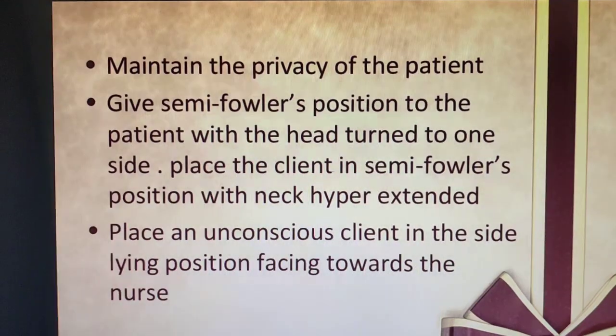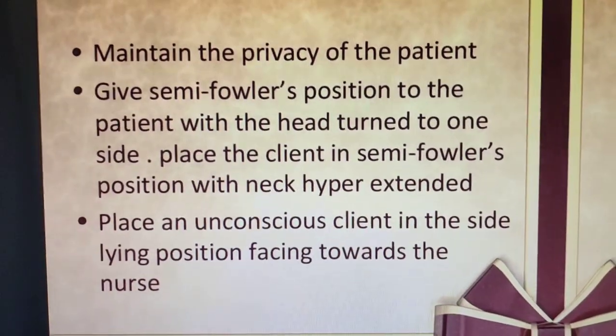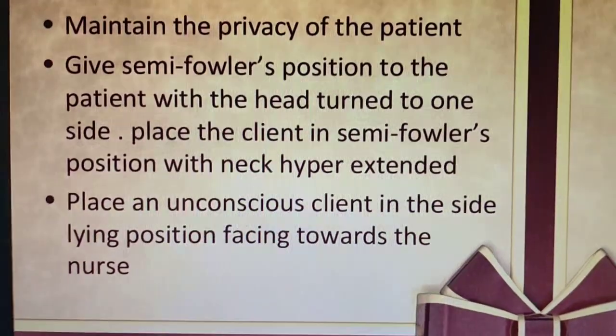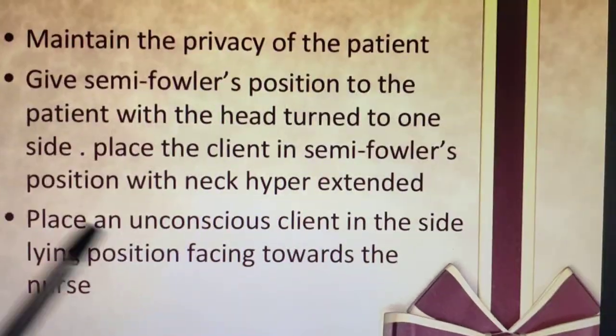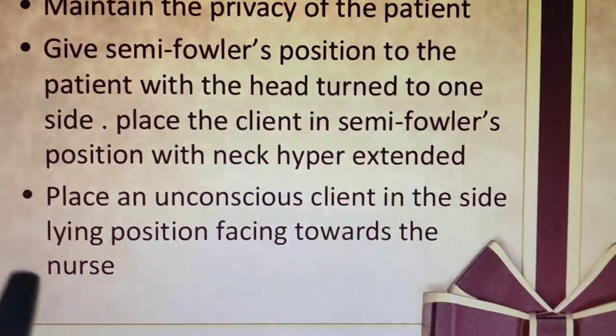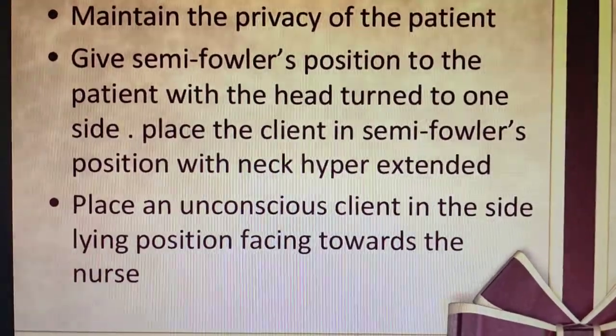Give the semi-Fowler's position to the patient, with the head turned to one side. Then place the client in the semi-Fowler's position with the neck hyperextended. If the patient is unconscious, you should give the side-lying position, and make the patient face towards your side.